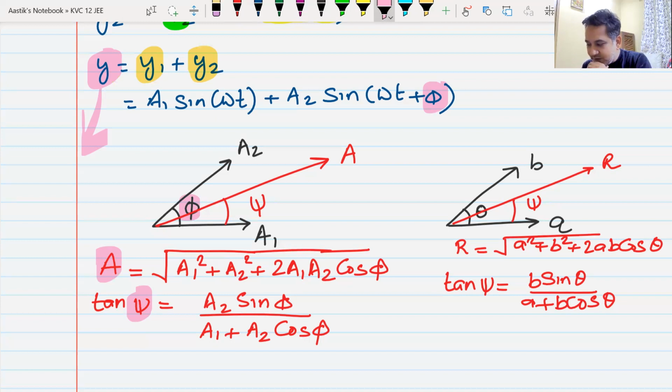Because you can see I had written y1 like this, and I had written y2 like this. How do I write y? The question was to find out y, and I found out something else. How do I get y?